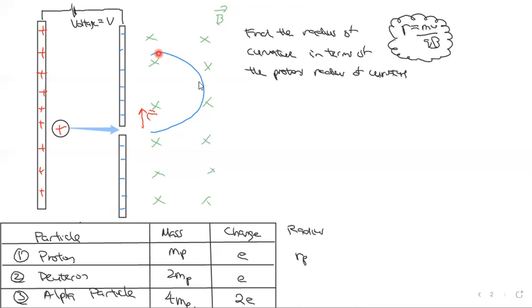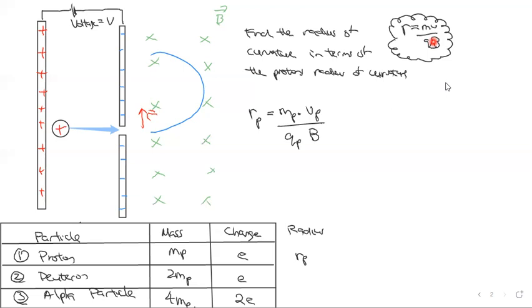We'll say the proton has a radius of rp. Let's work it out for the proton first. We know the radius equals mv over qB. Now the radius of the proton is equal to the mass of the proton times the velocity of the proton, all over the charge of the proton times B.